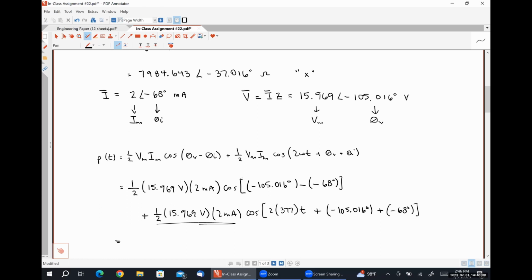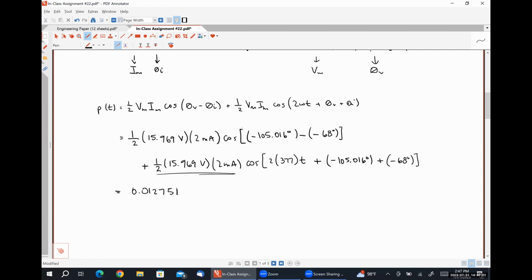Negative 105.016 minus negative 68. There we go. 12.751 plus 15.969 times the cosine of 2 times 377, 754.